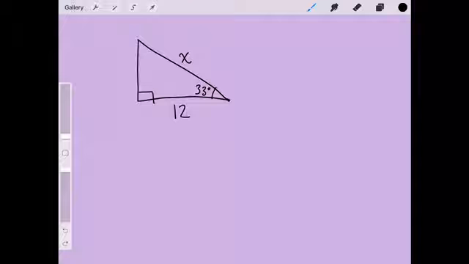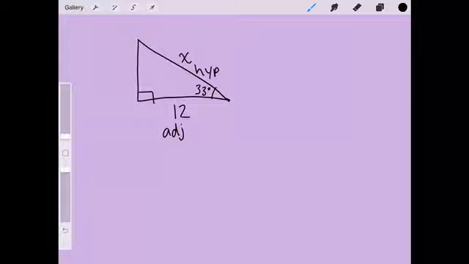What side is 12, if we're dealing with the 33 degree angle? The opposite, the hypotenuse, or the adjacent side? So in this situation, 12 is the adjacent side. And what type of side is x representing? X is representing the hypotenuse.